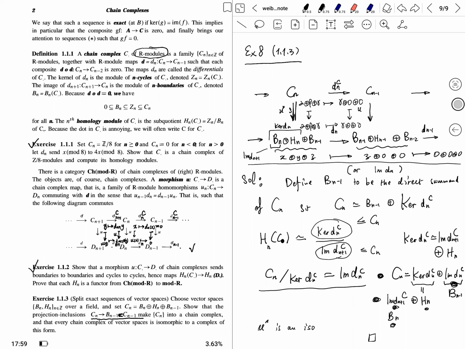Let me just pick an example. For example, if I pick P2, and this is differential.